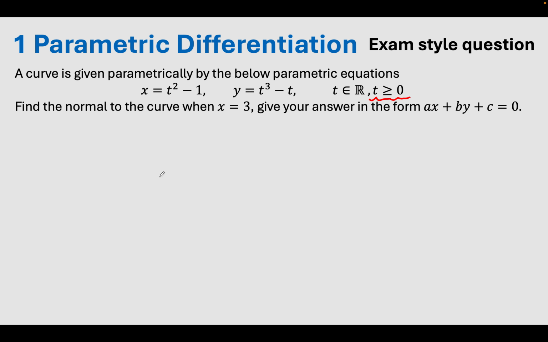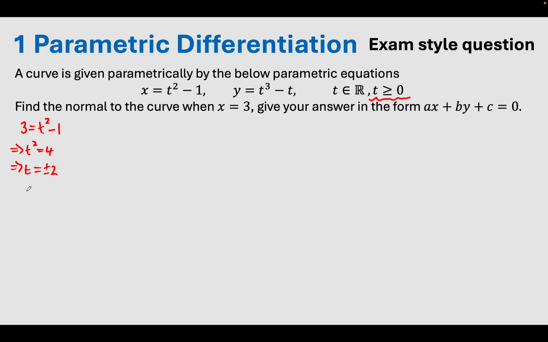So for this one, I know I need to find the normal, so I've only been given x, so I do need to find what t is in order to find what y is. So I'm going to start by doing that. So I get 3 is t squared minus 1, which means t squared is 4, and therefore I get t is equal to plus or minus 2.